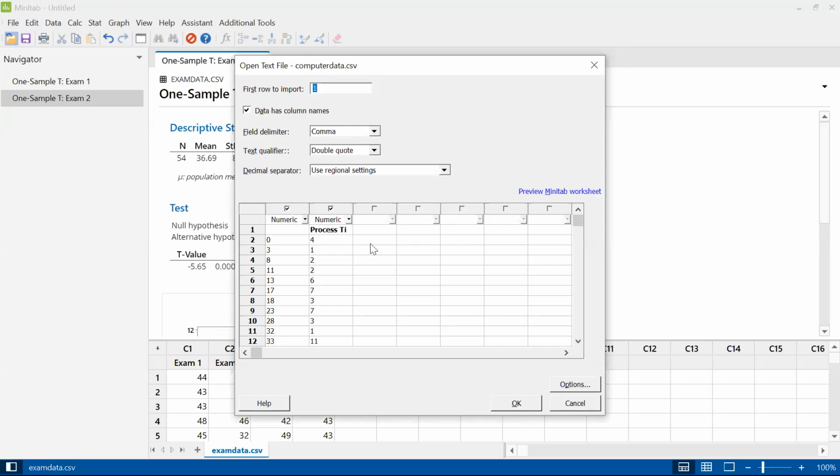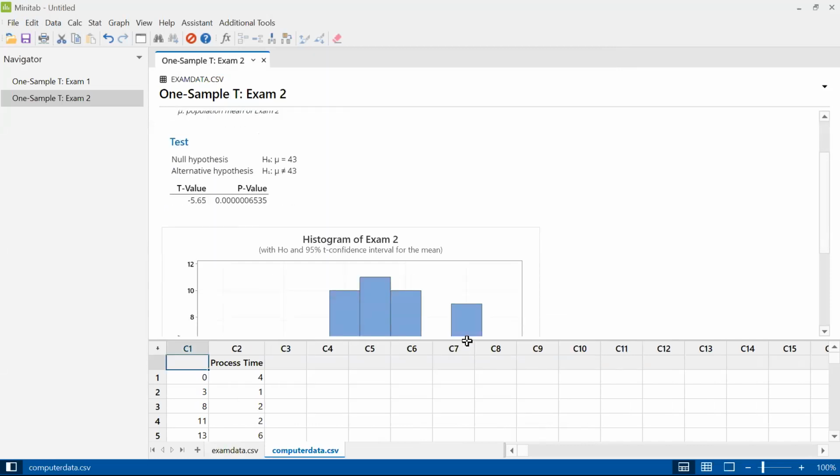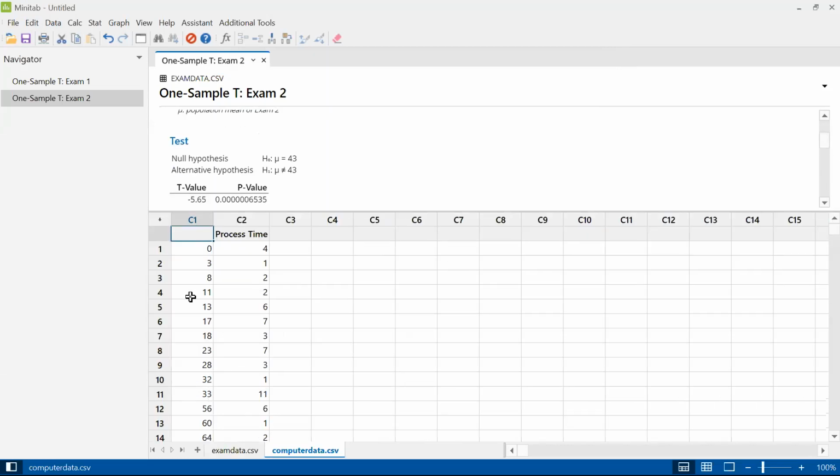This does have a column header, not on the first column, but on the processing time column. So we're going to say data has column names, and everything else is set up okay. Like I mentioned, this first column is just a list of increasing numbers because it's the time when that particular process ran.